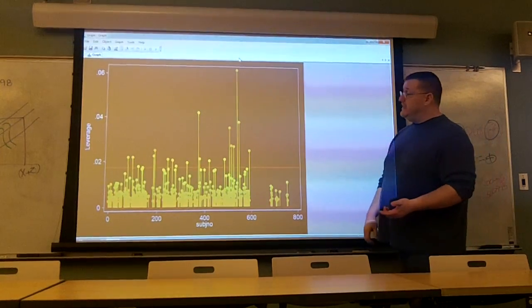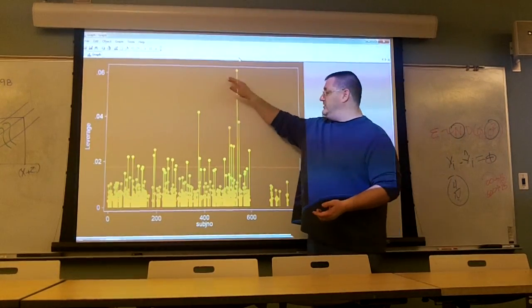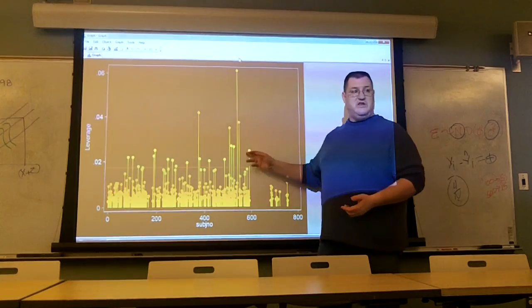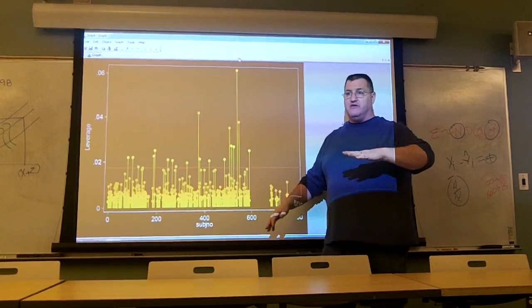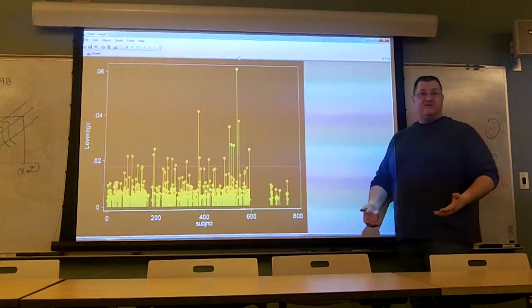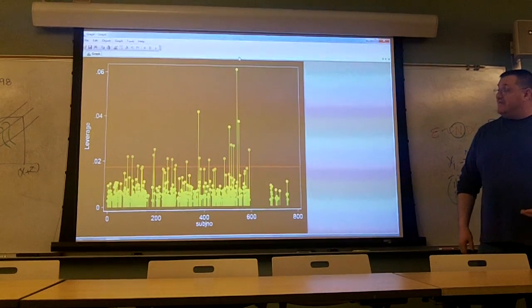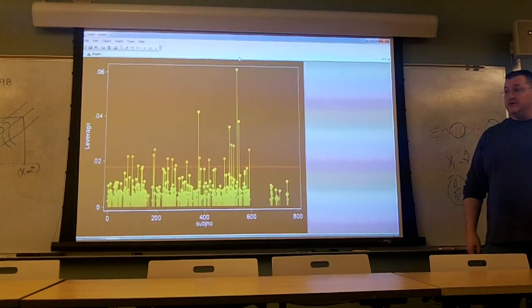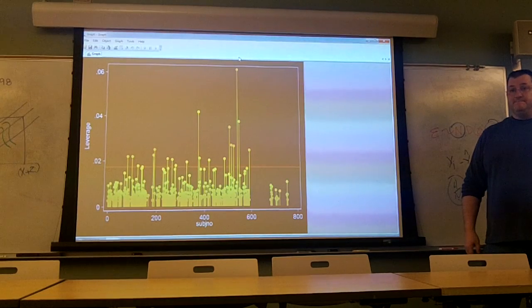Again, what I would do here is individually remove these in some sort of sequence and see what effect removing these values with significant influence, or leverage, has on the regression equation. Okay?